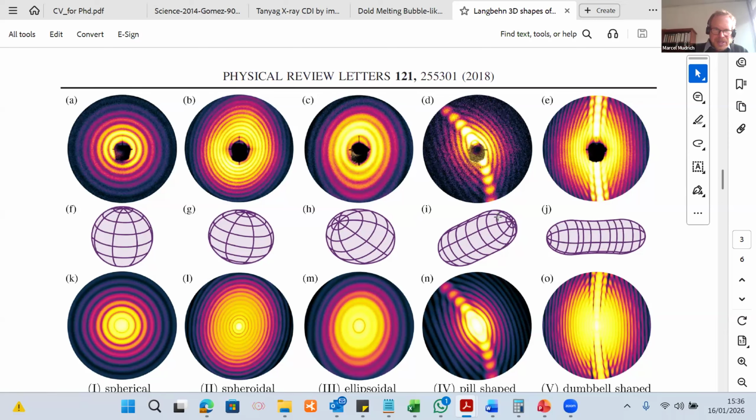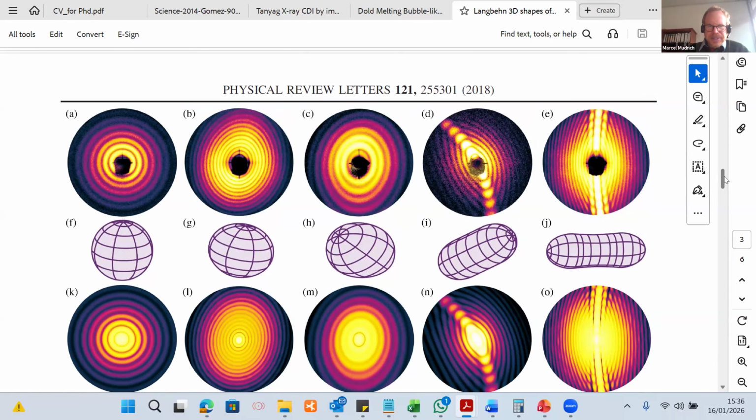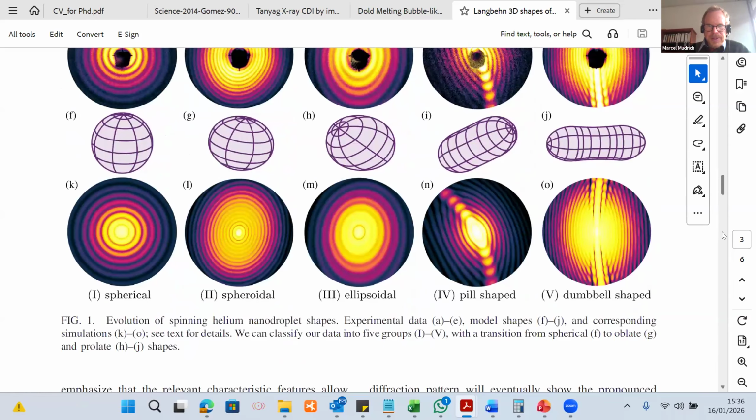So there you can do diffraction imaging and spectroscopic resonant excitation at the same time. This resonant enhancement of the scattering cross-section helps immensely to get these bright images in the case of helium. But that's really a very special case for these high-lying resonances in helium.